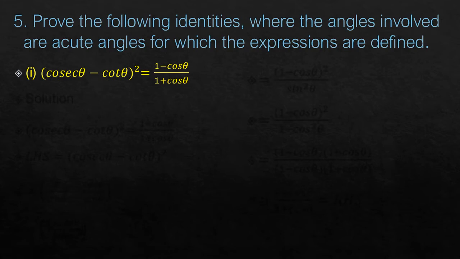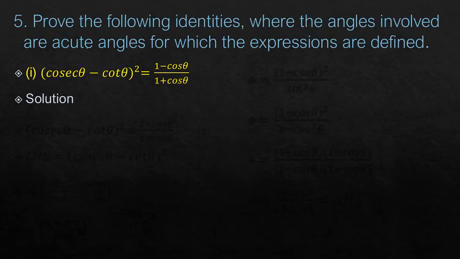What you have to do in this question 5 is prove the following identities where the angles involved are the acute angles for which the expressions are defined. You have been given some identities, and you have to prove them by using the basic identities which you have studied. That is, the basic ones are 3, from those 3 you get 9. Okay, so let us start.